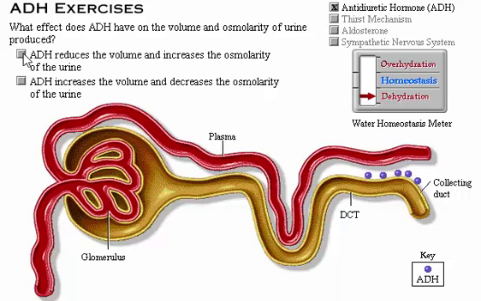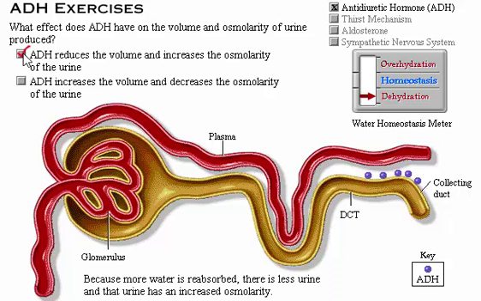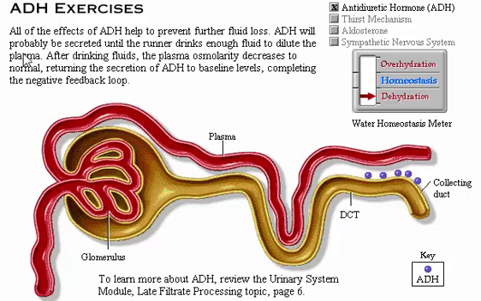All of the effects of antidiuretic hormone help to prevent further fluid loss. ADH will probably still be secreted until the runner drinks enough fluid to dilute the plasma. After drinking fluids, the plasma osmolarity decreases to normal, returning the secretion of antidiuretic hormone to baseline levels, completing the negative feedback loop.